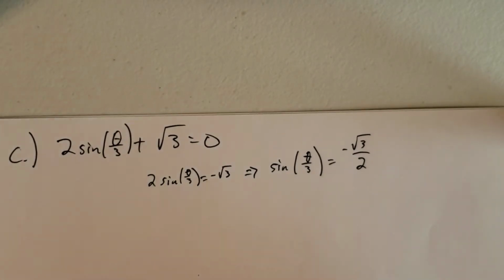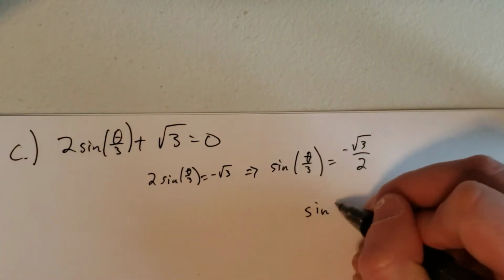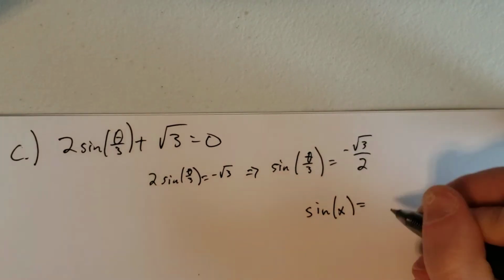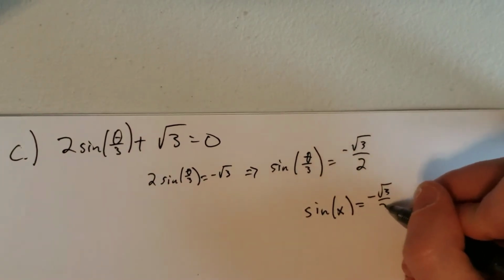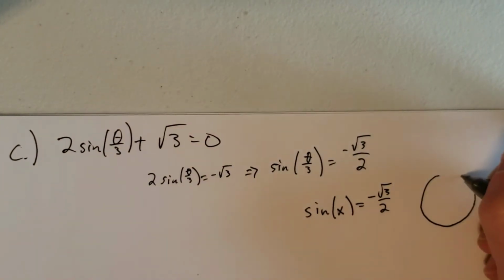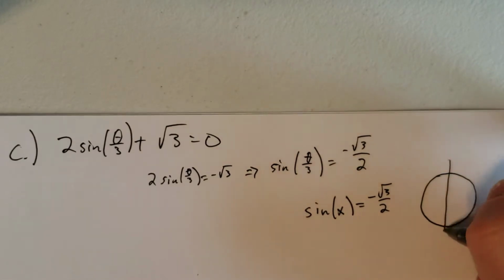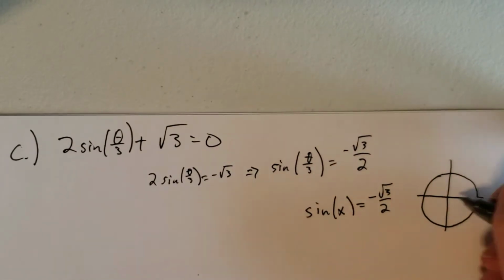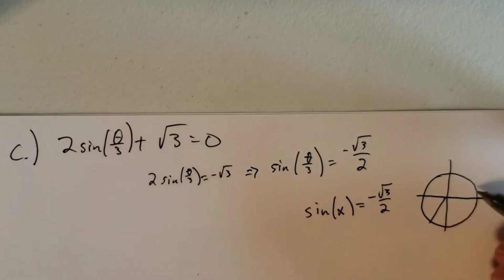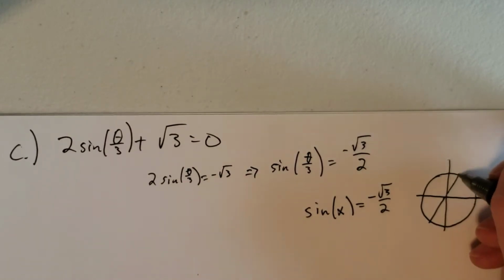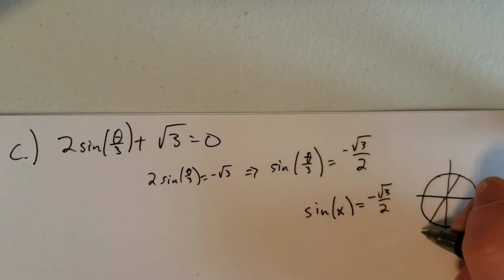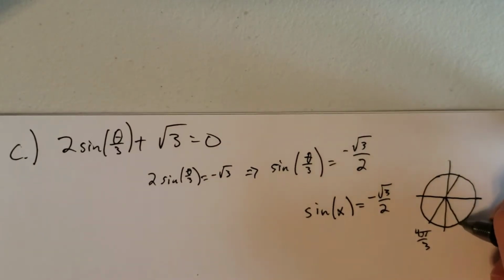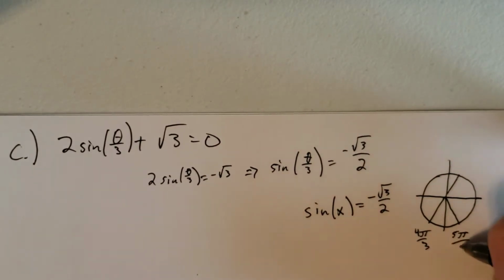Well, when is sine of x equal to negative root 3 over 2? Let's think about the unit circle. We can have x equal to, let's see, this is pi over 3, 2 pi over 3, 3 pi over 3, 4 pi over 3, and then 5 pi over 3.